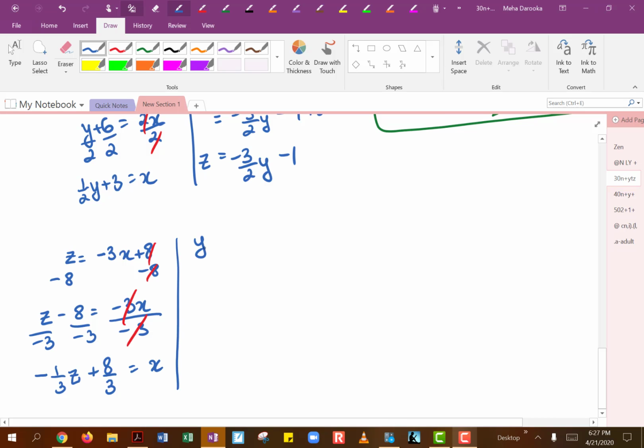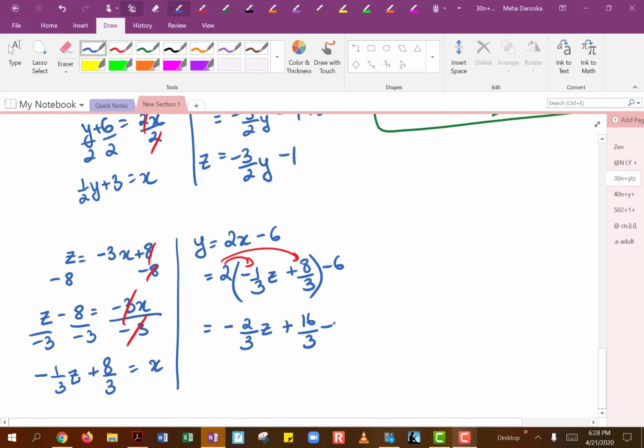We would need to get y in terms of z also. So you would do 2 times this whole mess, negative 1/3 z plus 8 over 3 minus 6. So again we would distribute this guy inside the parentheses and we would have negative 2/3 z plus 2 times 8 would be 16 over 3 minus 6.